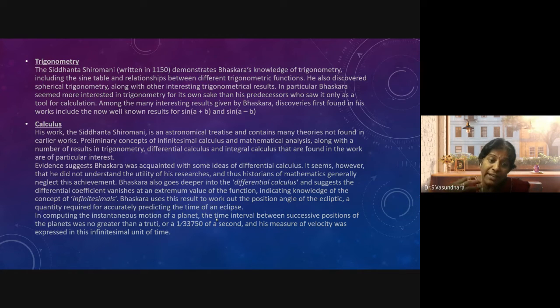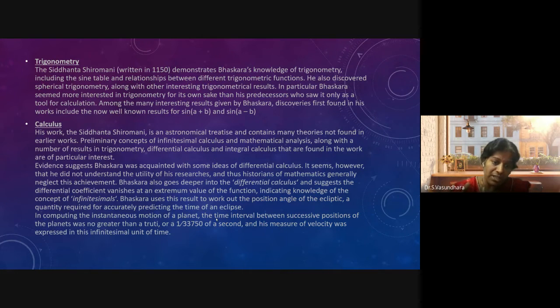So many evidences are saying that Bhaskara was acquainted with some ideas of differential calculus.